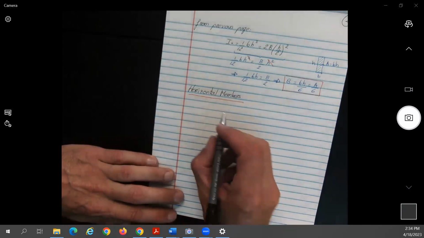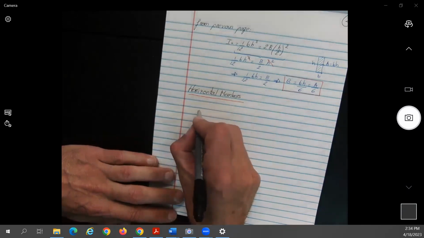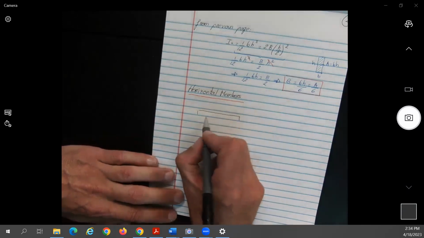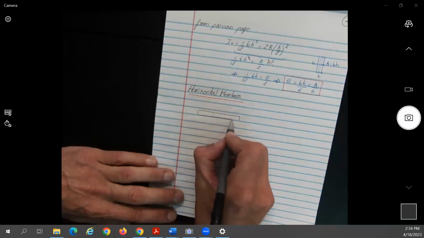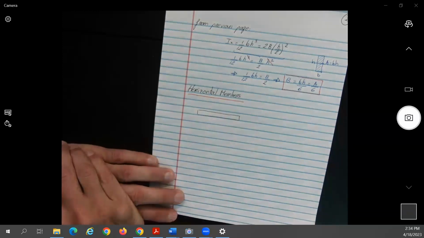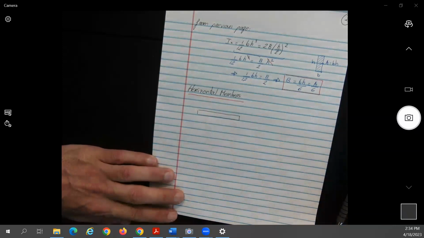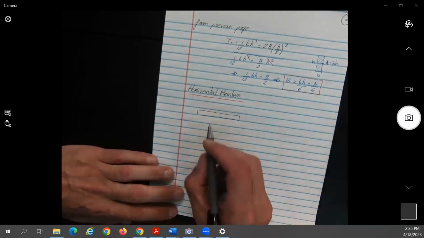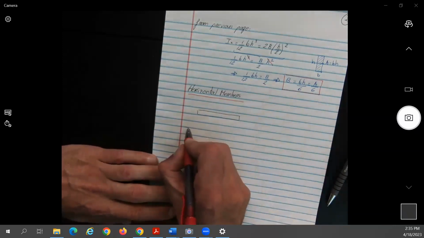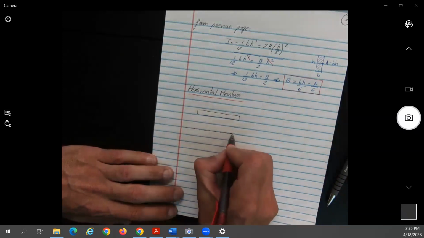Okay, so exactly the same thing. This time, instead of having the member vertical, we're going to have it horizontal. So again, imagine the real structure. So now our neutral axis will be here.